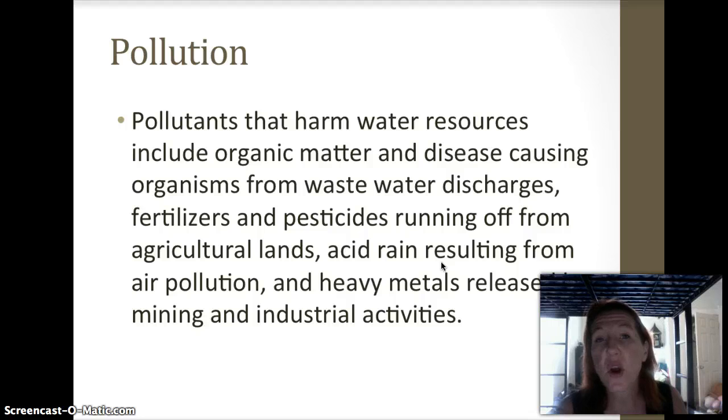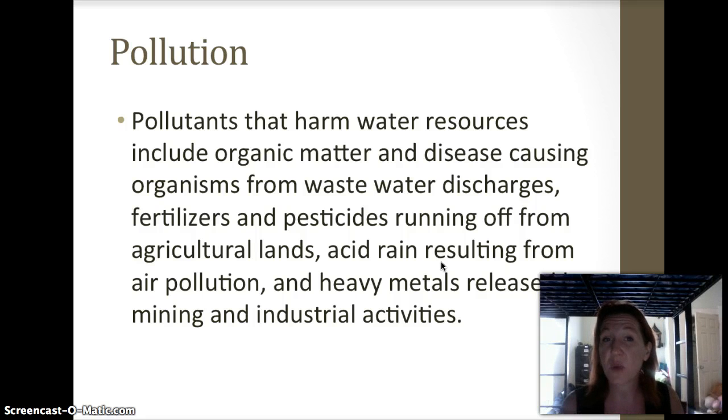Pollution. Pollutants that harm water resources include things like organic matter, disease-causing organisms from human waste, from farm animal waste, fertilizers that are used to help the plants grow, pesticides that help to keep the bugs off the plants. All of these things have a tendency of getting into the water system.